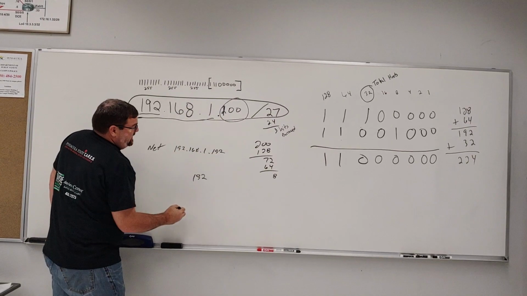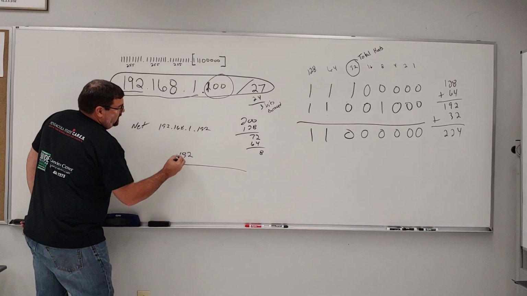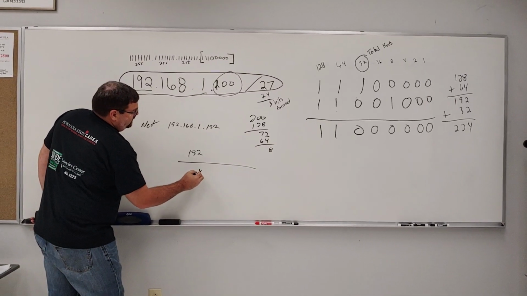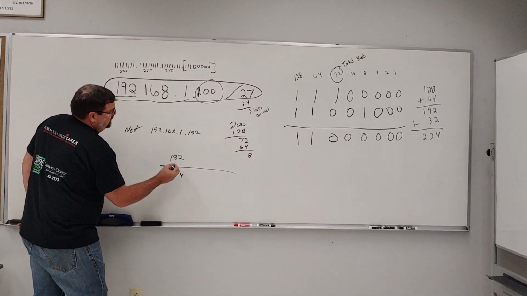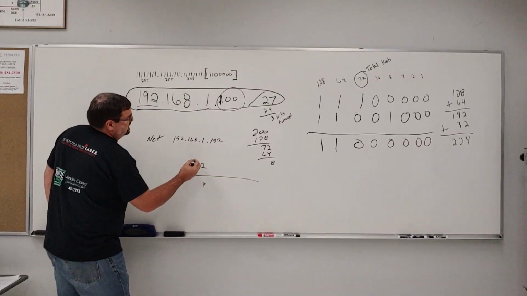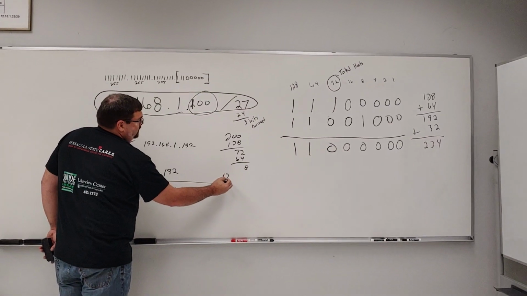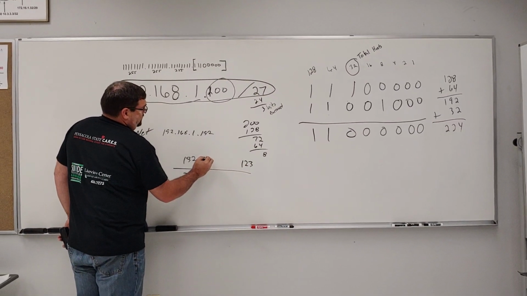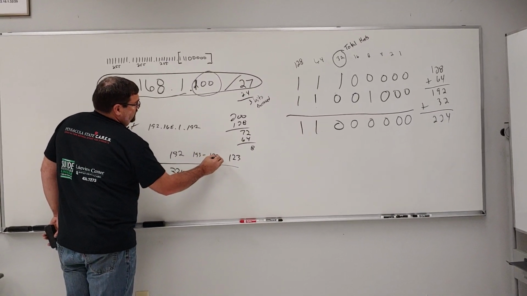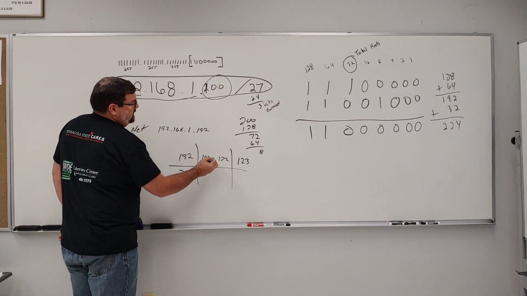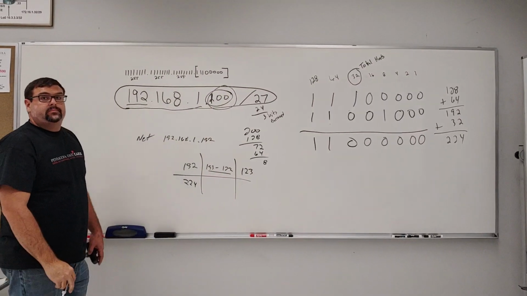So if I say 192 plus 32, then that means my next network is 224, so 193 through 222. Those are the groups of computers that this guy can talk to.